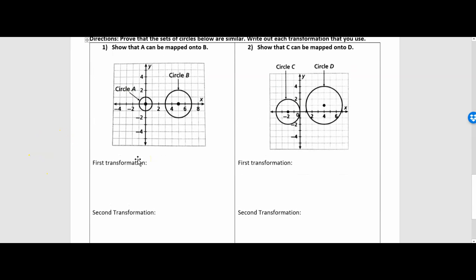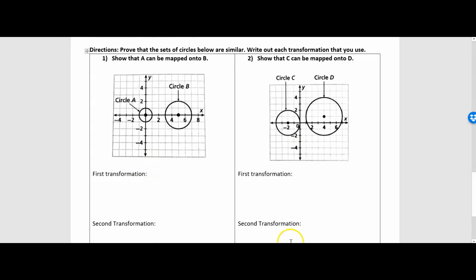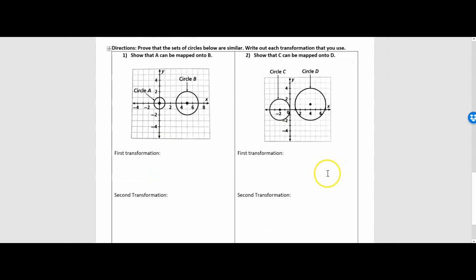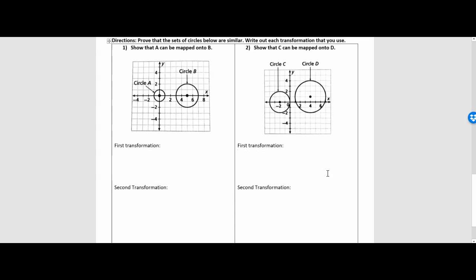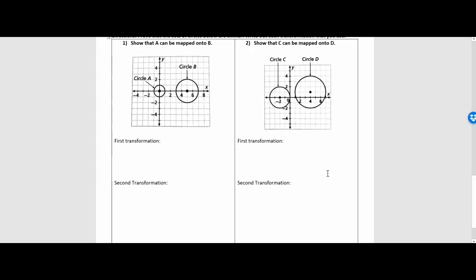Let's do some practice. Only 2 practice problems. You're going to prove that these circles are similar by stating what the transformations would need to be, right? So there's always going to be 2, unless that dilation factor is just 1, but generally there'll be 2.